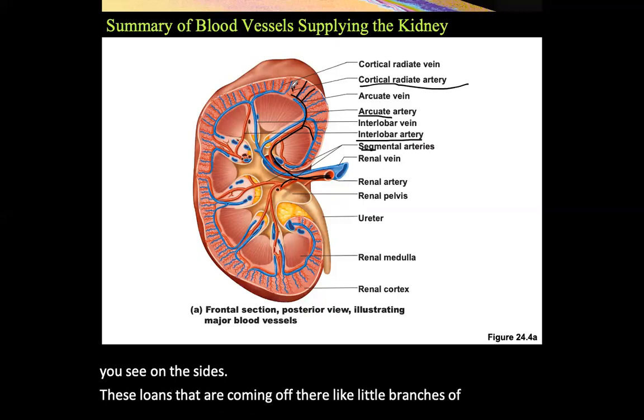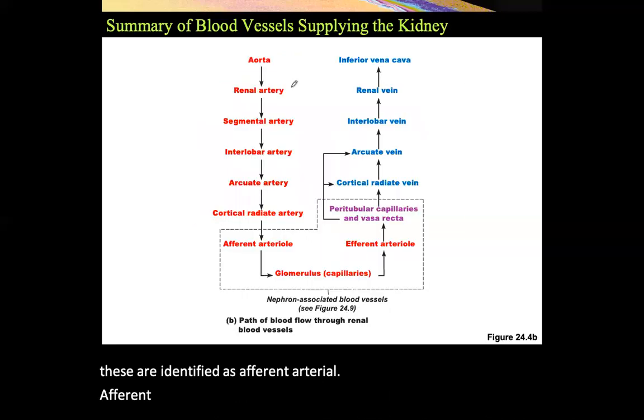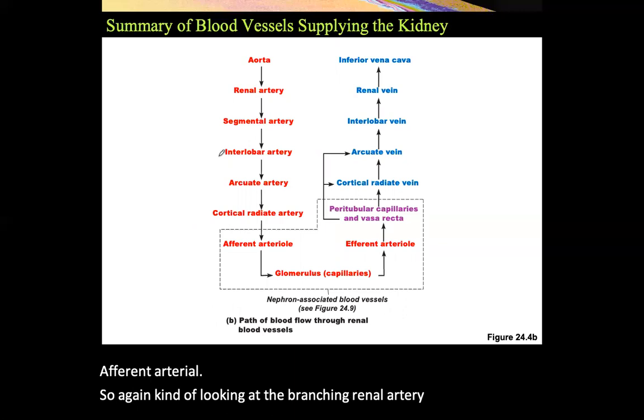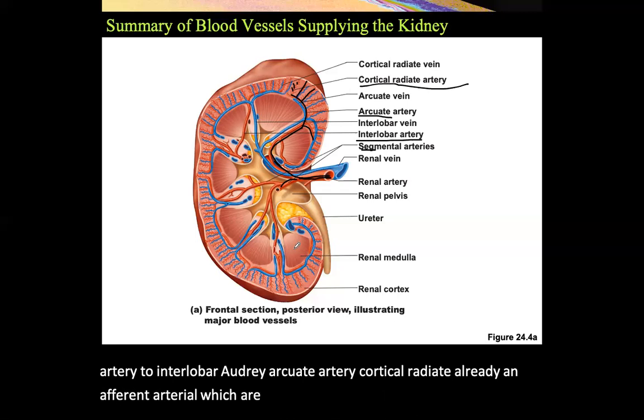And these are identified as afferent arteriole. Afferent arteriole. So again, looking at the branching: renal artery to segmental artery to interlobar artery, arcuate artery, cortical radiate artery, and afferent arteriole, which are depicted as these little tiny branches that come off of your cortical radiate.